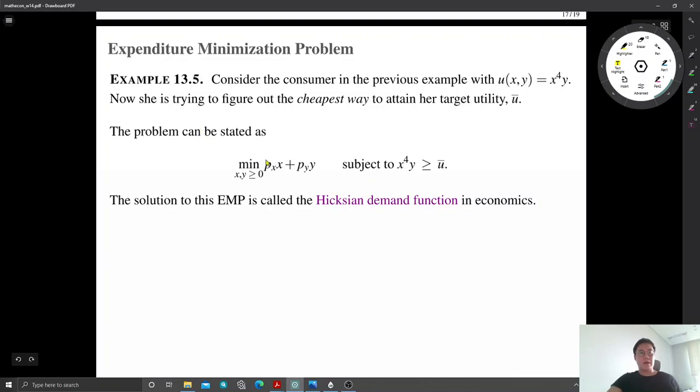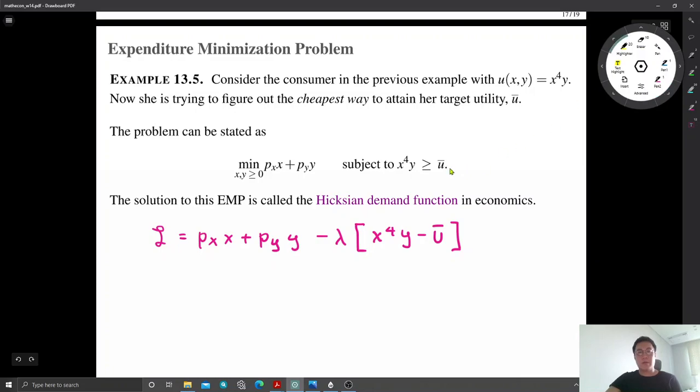Now, if we think about this expenditure minimization problem, the consumer wants to figure out the cheapest way to attain her target utility U bar. Then the associated Lagrangian can be written as L equals pxx plus pyy minus lambda times x to the power fourth y minus target utility U bar. This is called the expenditure minimization problem in microeconomics.